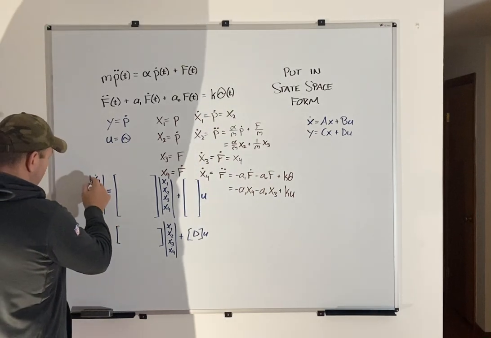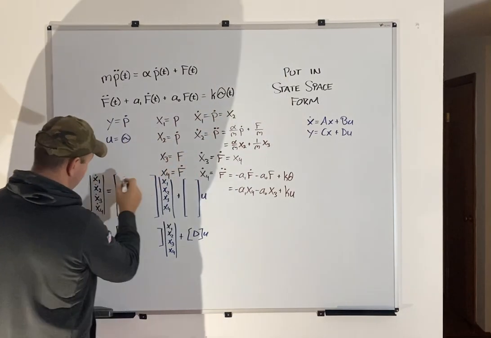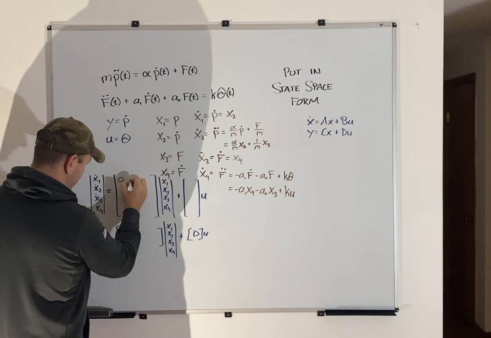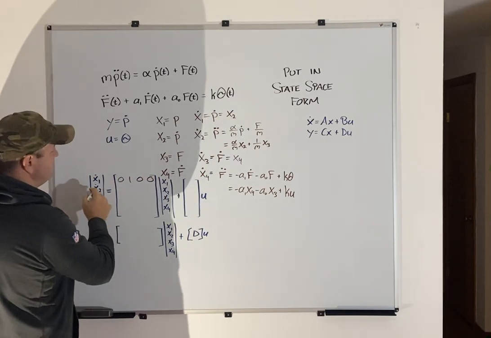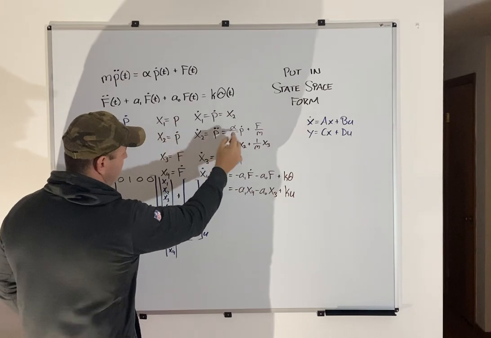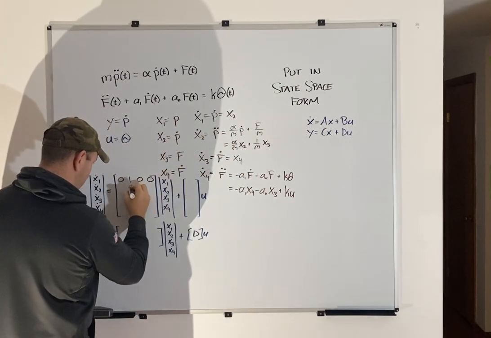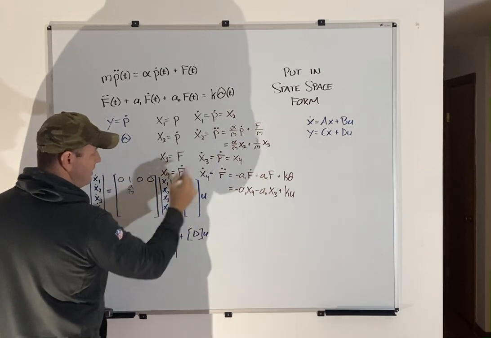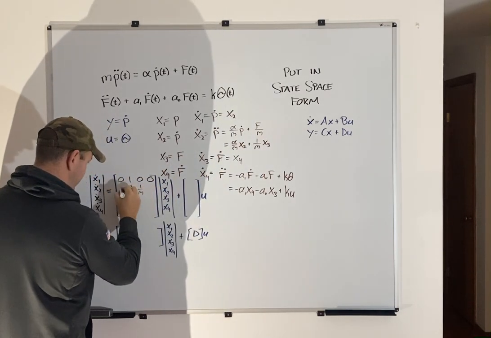The X1 dot was X2. So in this one I'm going to have 0 for X1, 1 for X2, 0 for X3, 0 for X4. X2 dot had alpha over M X2 and 1 over M X3, and zeros everywhere else.